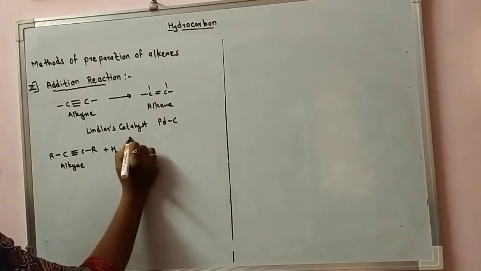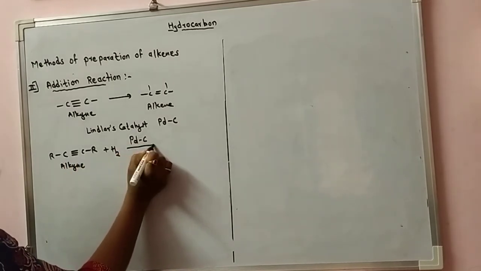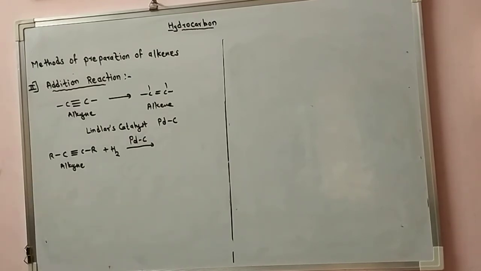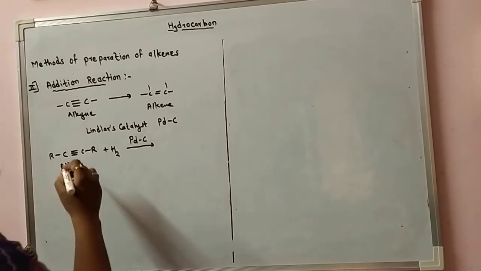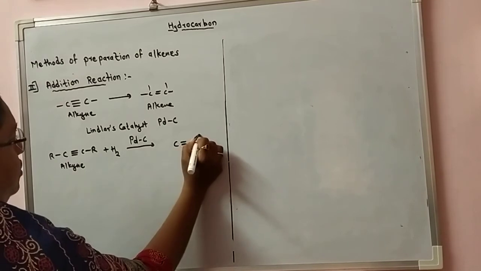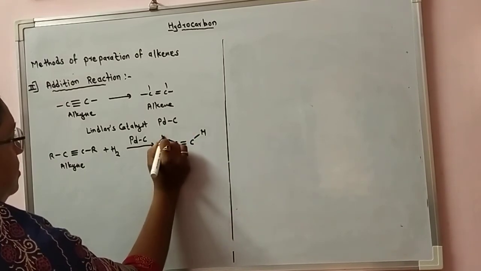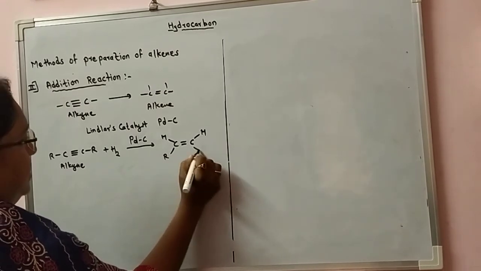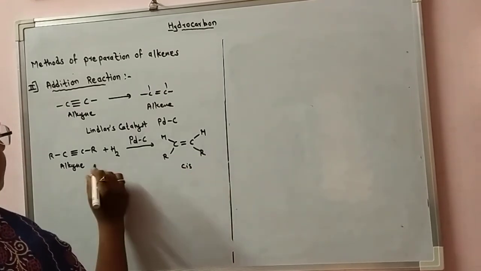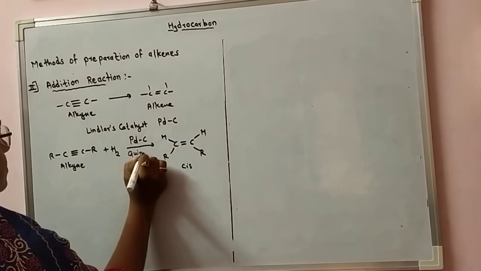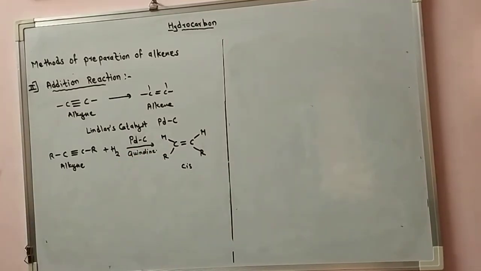This is the reactive center, and palladized charcoal partially deactivated with quinoline, that is Lindlar's catalyst, is used, and it is converted to a double bond. Hydrogen is added across the triple bond, and we get the cis compound. The cis isomer is formed. So this is the general reaction.